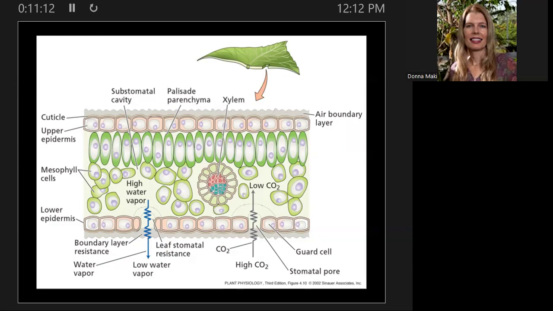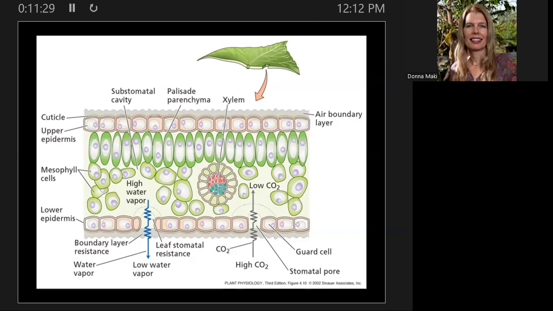water kind of oozing out of there, and it starts to coat or cling to the surfaces of the cells in here, particularly the spongy mesophyll cells or parenchyma cells. And then you have pretty analogous ideas to what we just described in the soil system.